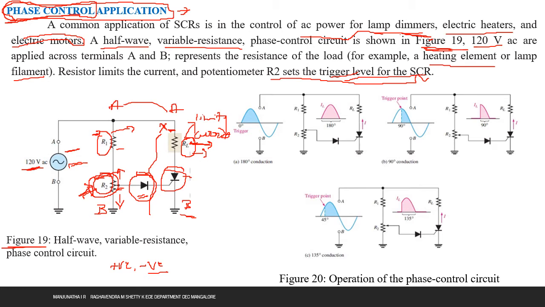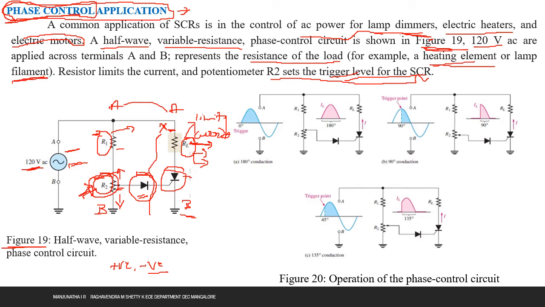So RL is the load resistance, right? Its explanation is given here: resistance of the load. For example, suppose we are using the circuit for a heating element or lamp filament.